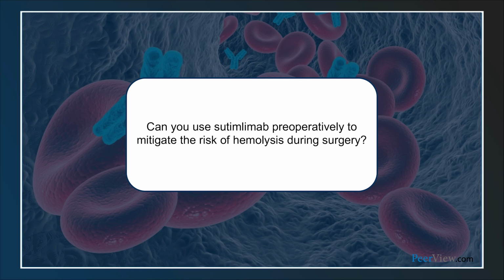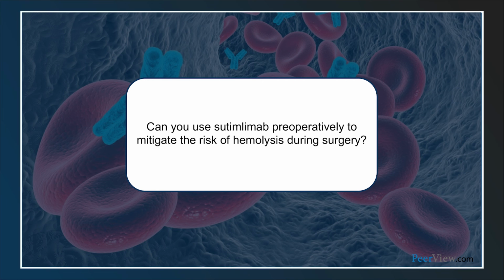Actually, there is a really interesting question that I thought we should address. Can you use sutimlimab preoperatively to mitigate the risk of hemolysis during surgery? That's a fascinating question. Yes, and maybe we don't know for sure, but logically it should be feasible. There is, in fact, one case report where it worked very well. So probably the answer is yes.